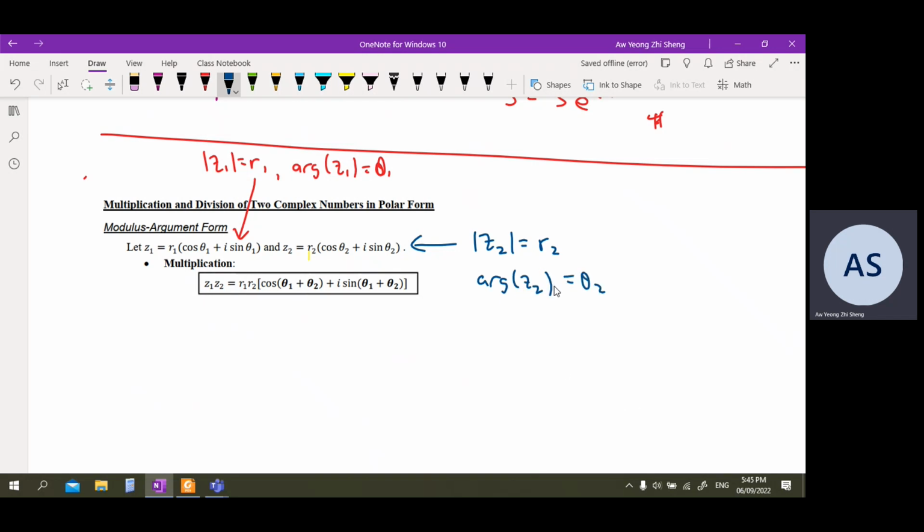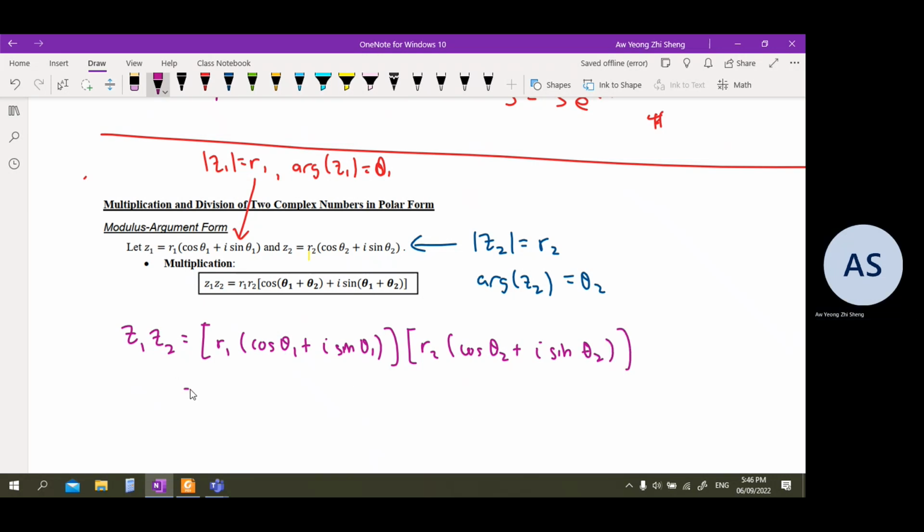Okay, so from the modulus argument form, if we do multiplication, if we do z1 times z2, it will be your r1 bracket cos theta 1 plus i sine theta 1, followed by r2 cos theta 2 plus i sine theta 2.